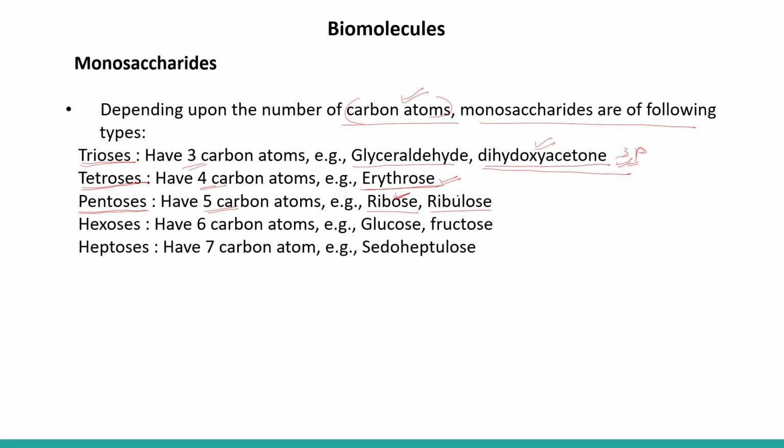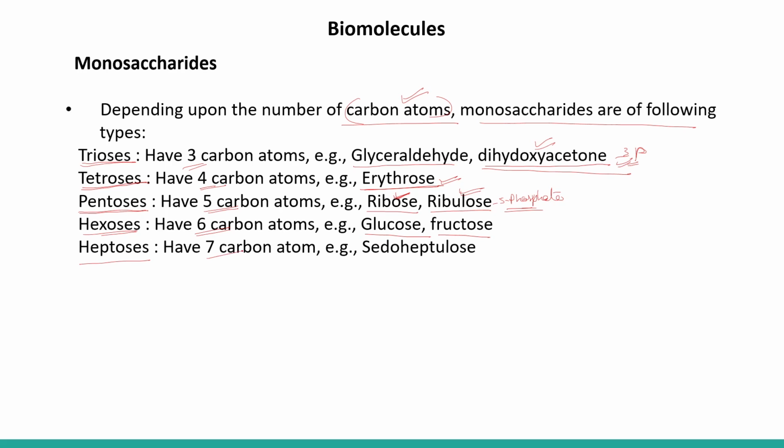Deoxyribose is involved in the formation of the DNA structure. Ribulose 5-phosphate is very important in the Calvin cycle. Hexoses are made up of 6 carbon atoms. Examples are glucose and fructose.